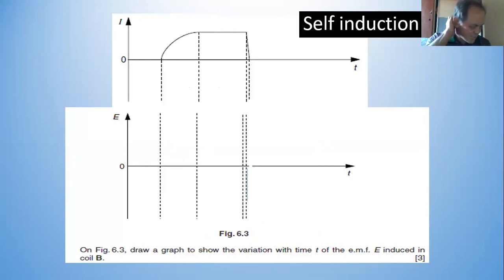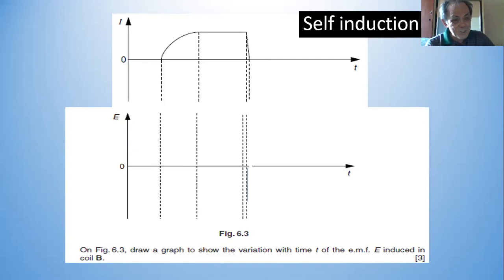When you turn on the switch, why doesn't the current go straight away to a constant value? This is called self-induction, but you can explain to me. Because you induce another current, which opposes the magnetic field.